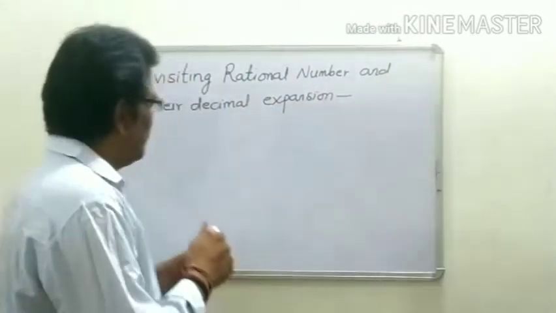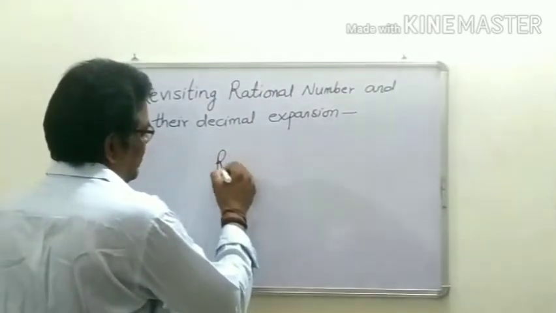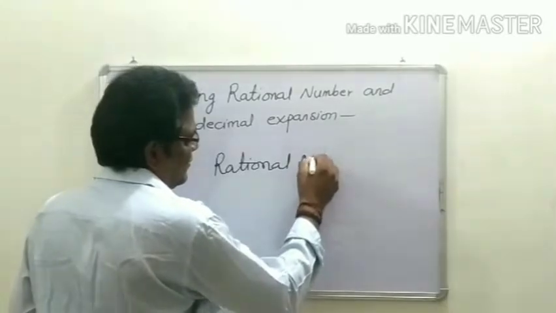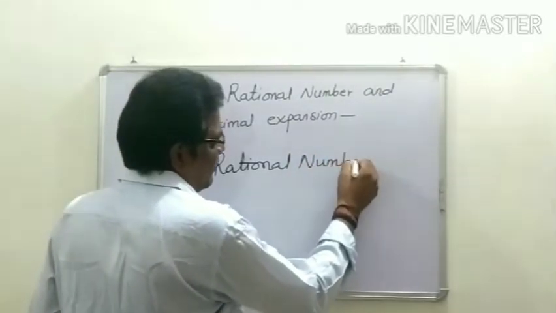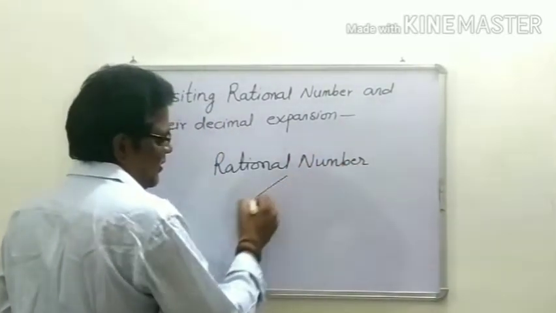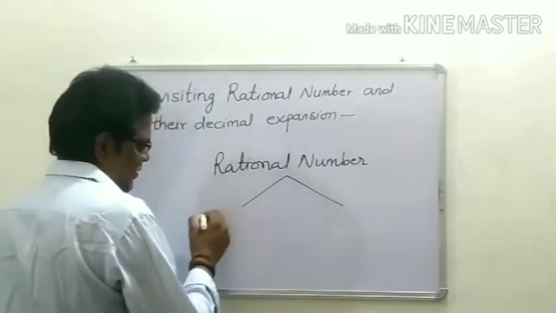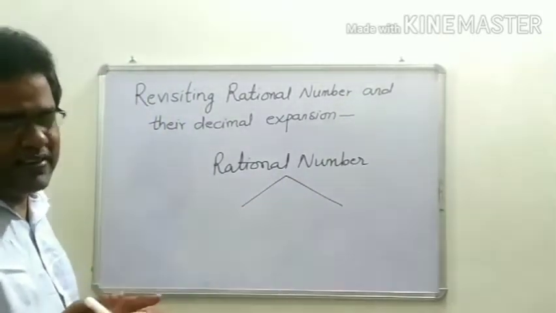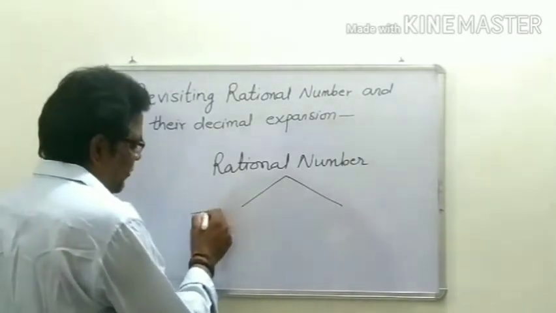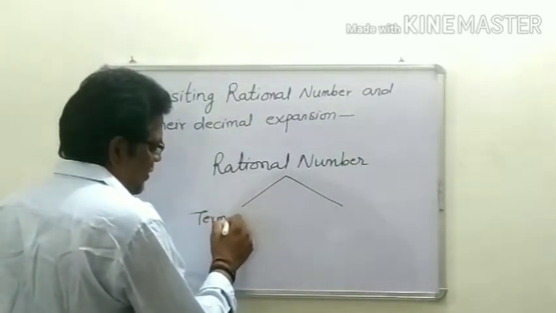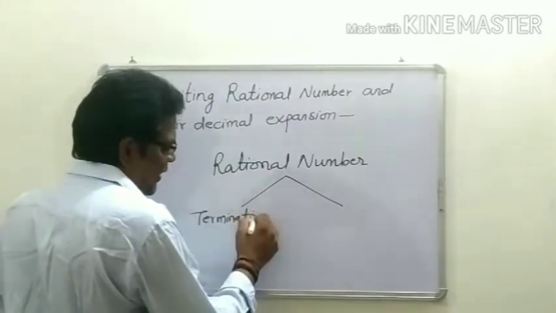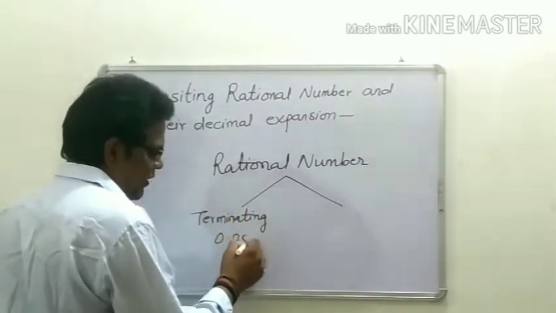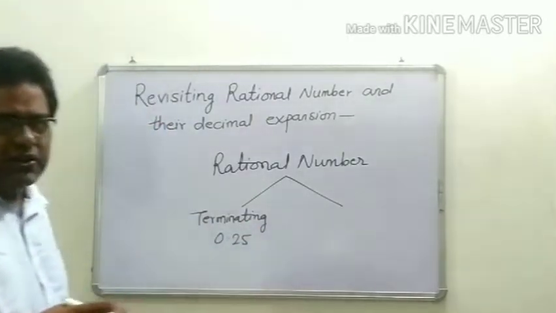So, as you know, rational number, you know the definition, I am just recalling it. The decimal expansion of a rational number is either terminating, that means the division will stop, like if I write 0.25, the division stops.